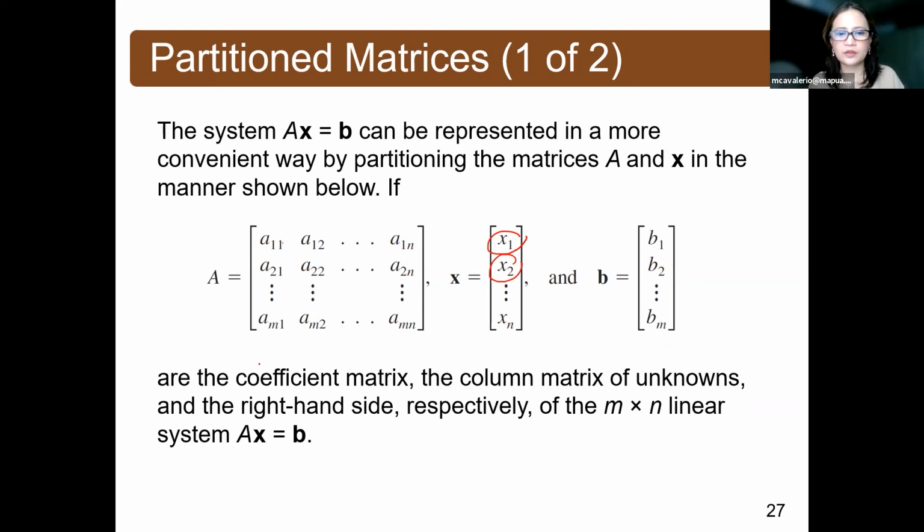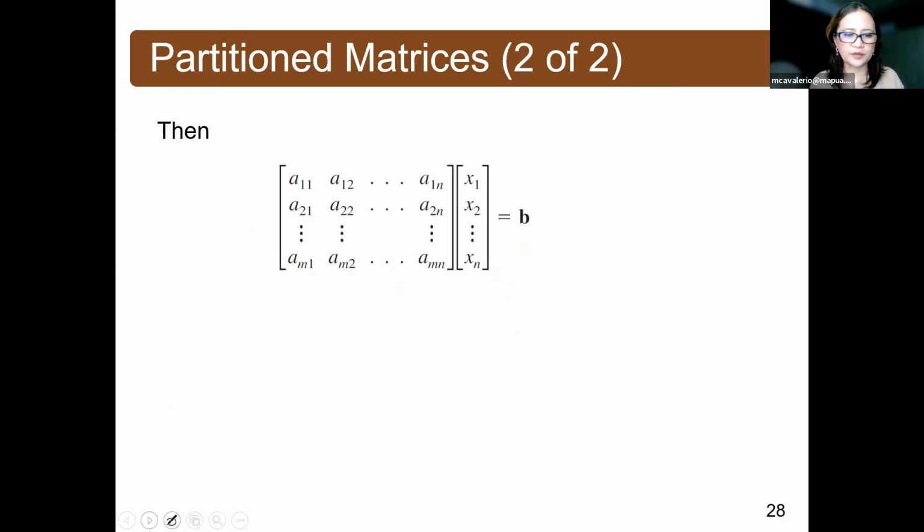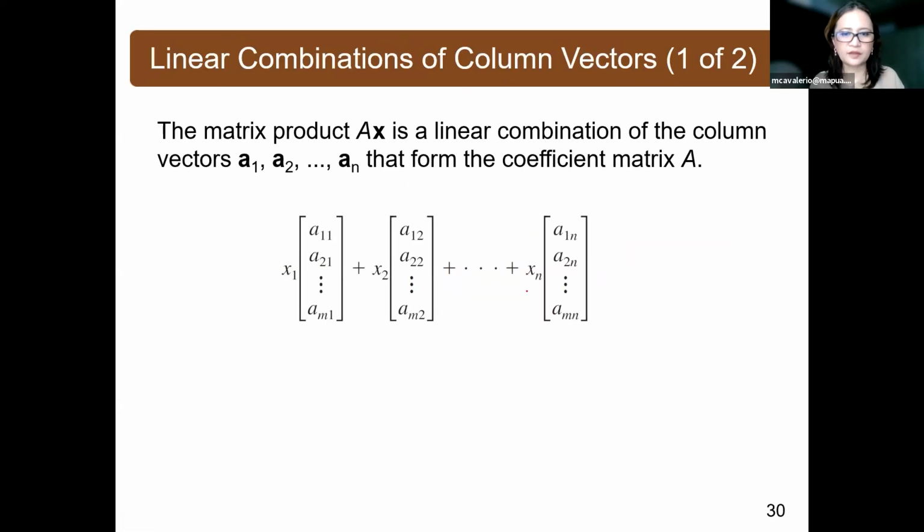So in that regard, we are simply expressing the matrix product AX as a linear combination of all the column vectors. Hence, we will have the following. Again, the first column of the coefficient matrix is all multiplied to x sub 1, the second column is all multiplied to x sub 2, and so on and so forth.